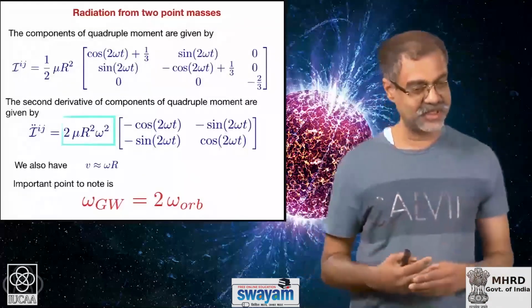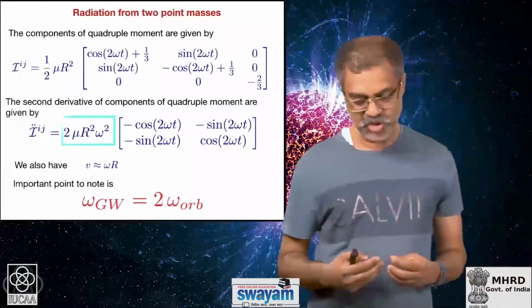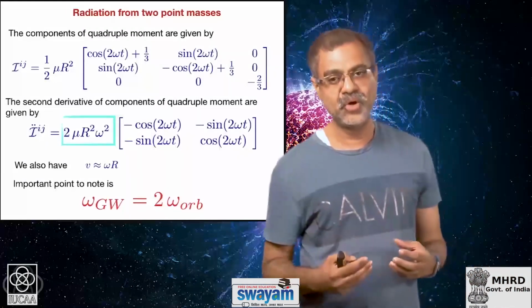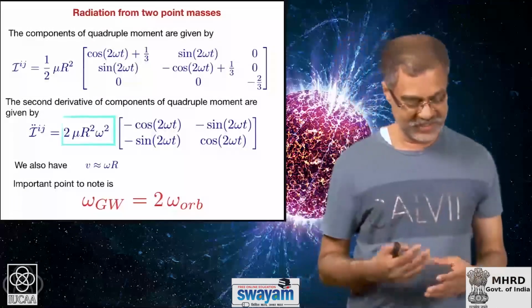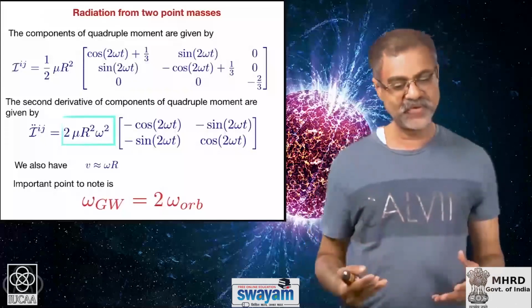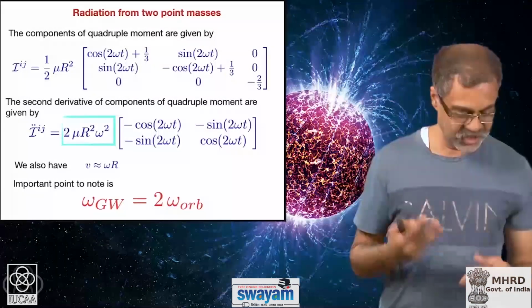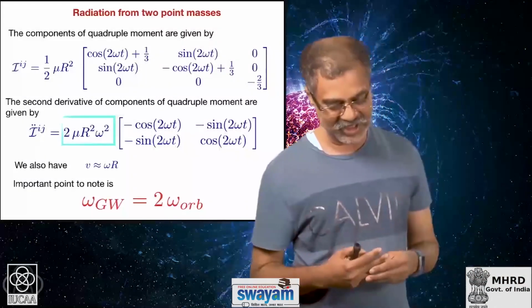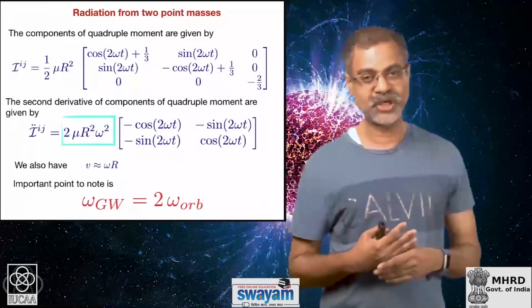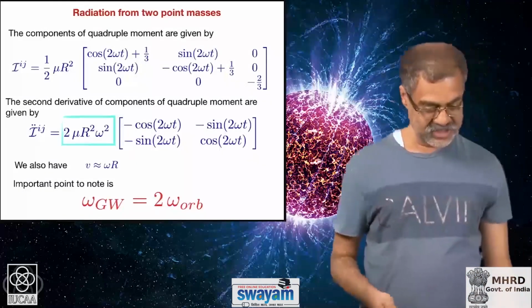And we know that since the constants involved are very small, we need large masses moving very fast. In the lab, even if you use omega of the order of thousands of rpm, you can get an amplitude only of the order of 10 to the power minus 35 or smaller. So, you need to go to astrophysical systems.